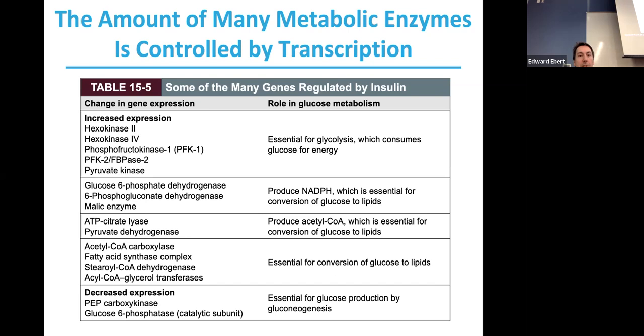Some of these can be regulated by insulin. If you're constantly sipping on a sugary drink, you may constantly release insulin, and you're going to see increased expression of hexokinase 2 and hexokinase 4. We didn't really talk about hexokinase 2. Also PFK1, PFK2, pyruvate kinase, all those things in the glycolytic pathway, because that indicates a constantly high circulating level of blood sugar, so you want these activated to clear that out.